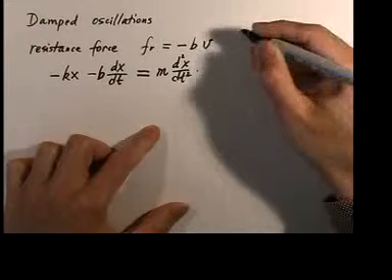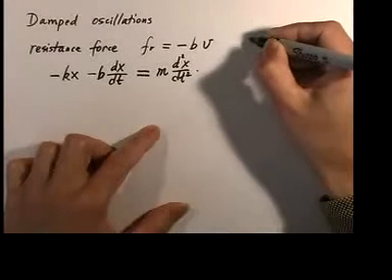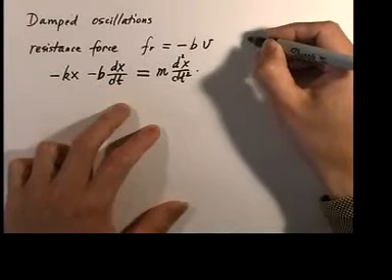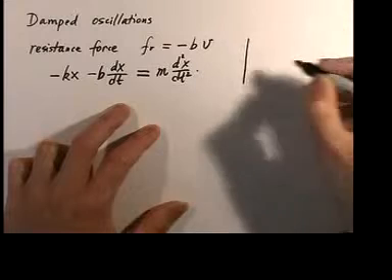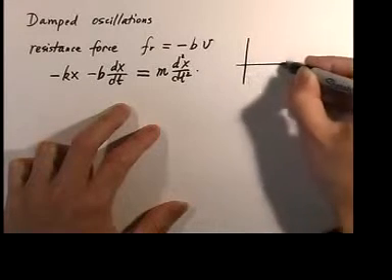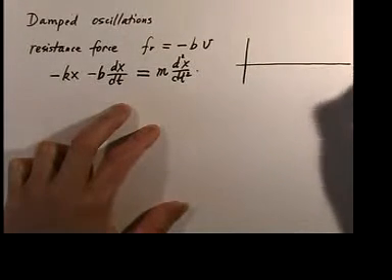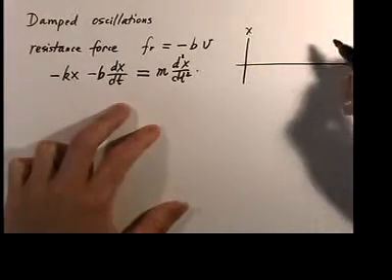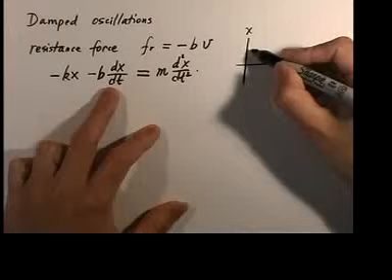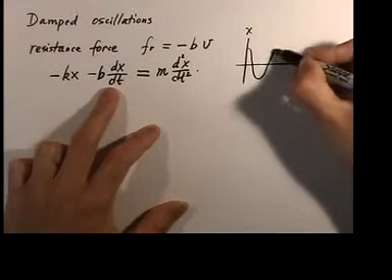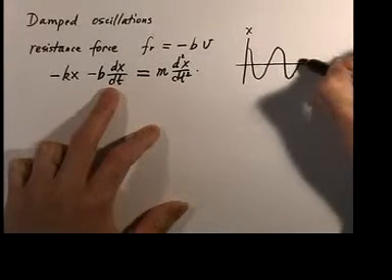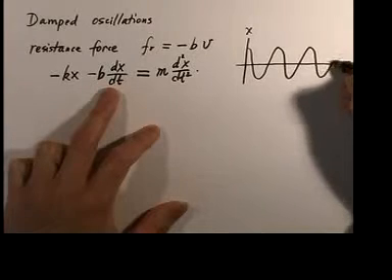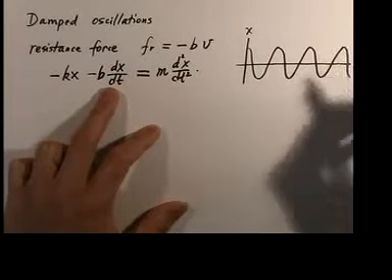So if I compare our new oscillation with this damping force with the previous simple harmonic oscillation by doing a plot, here is t and here is x. Without the damping force, you know the amplitude is fixed because the energy is always fixed. It's like this: the amplitude does not change over time.